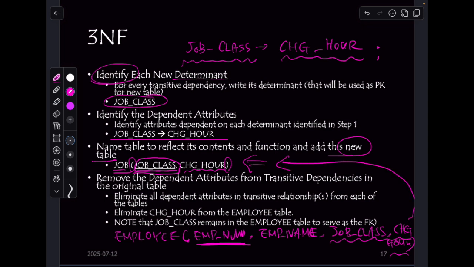Sometimes students are tempted to remove both of these attributes, but be careful. When you create a new table for a transitive dependency, the charge hour would be removed, but you need to keep the original determinant. So job class would still be there in this employee table. You should not remove job class, although it is shown as the primary key in the new table as well, you have to keep it in the original employee table too.